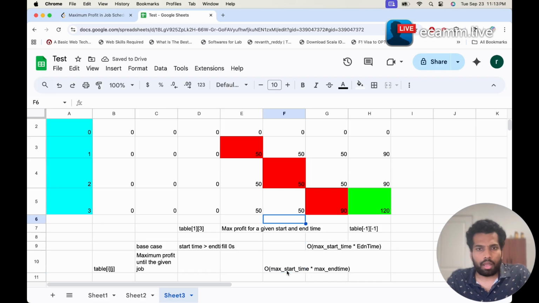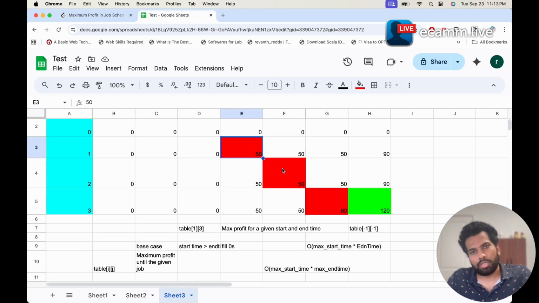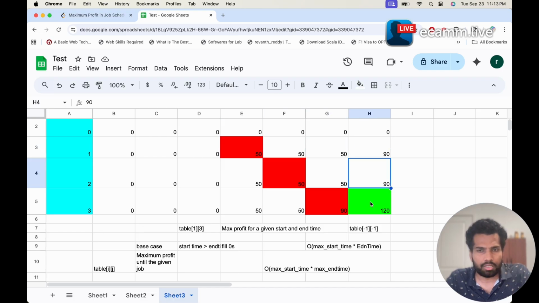If you take a look, the reason why I highlighted these red blocks and the green block is that the green block is the solution, but our result is only slightly dependent on the red blocks. All the cells which are not highlighted, we are actually not using.